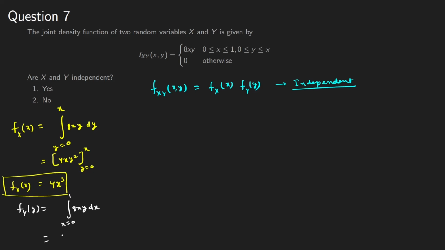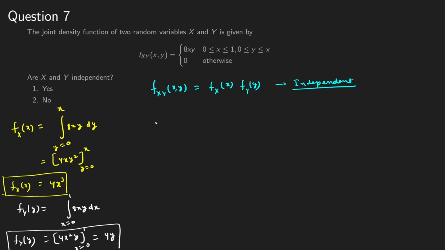So it will be 8x squared y by 2. So we can write 4x squared y integrated from x equals 0 to 1. So it will finally become 4y. So this is the marginal PDF of y.